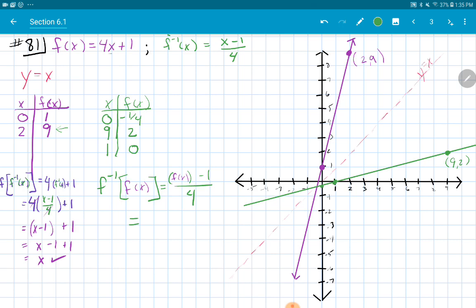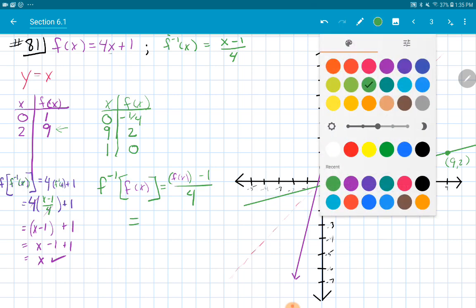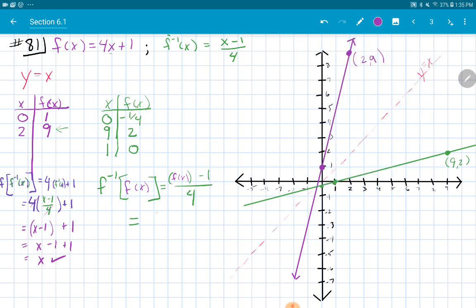So that equals f of x minus 1 over 4. Evaluating that numerator, 4x plus 1 minus 1 gives me just 4x. The denominator just stays 4, and that, of course, is x, and that is verified.